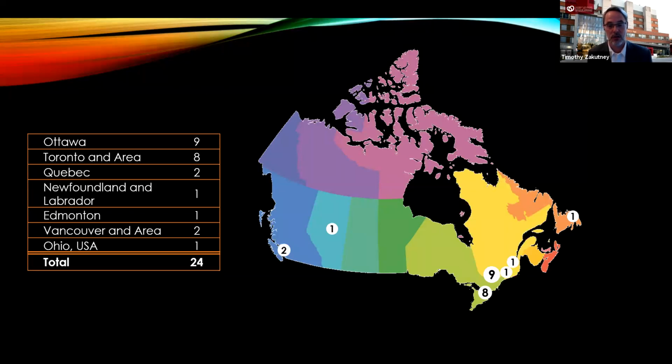We will do oral examinations in French, so we do have some francophones on our board now, which is a great advantage and a great opportunity, and at least an avenue for our colleagues in Quebec. 1 in Newfoundland and Labrador, 1 in Edmonton, and 2 in the Vancouver area. And that adds up to 24, I hope.